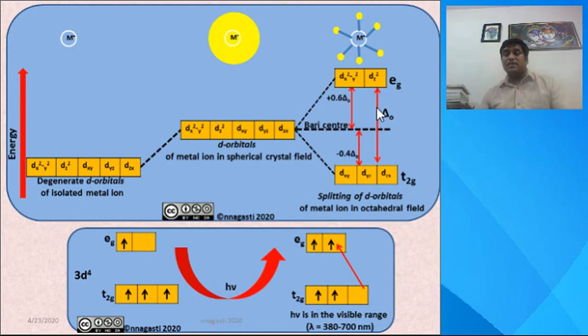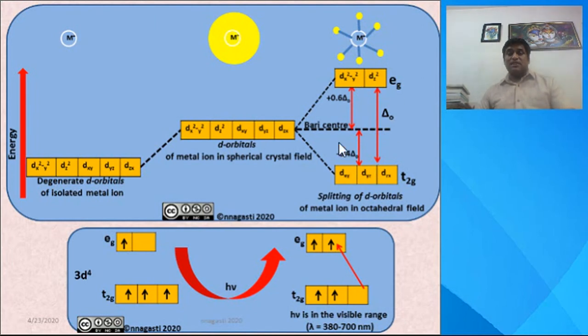And the separation between them is delta O. Delta is the separation in terms of energy. O stands for octahedral, so this complex is octahedral. So 6 ligands are creating an octahedral field around the metal, which leads to splitting of d orbitals into two energy levels.